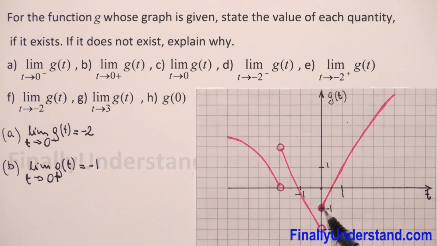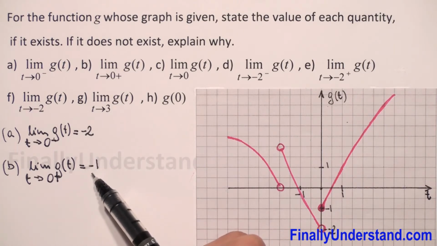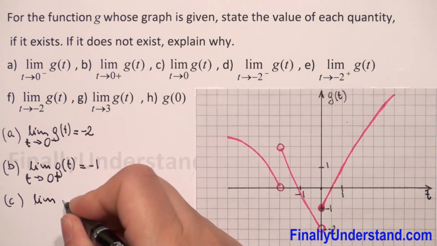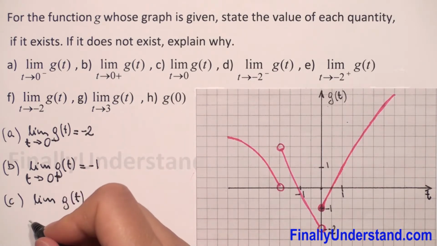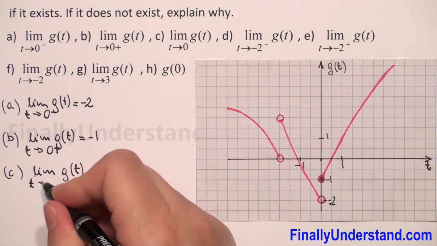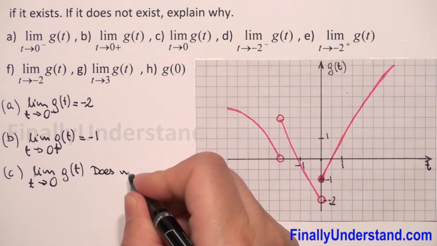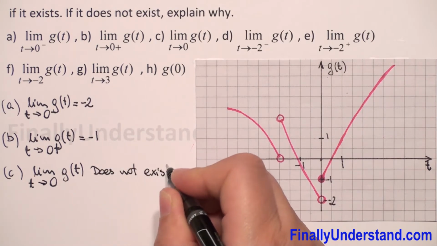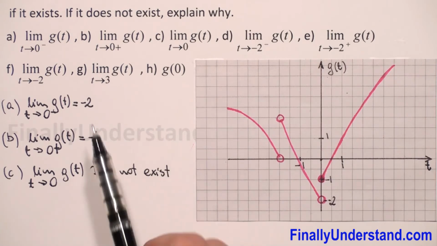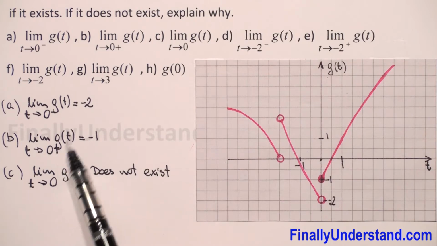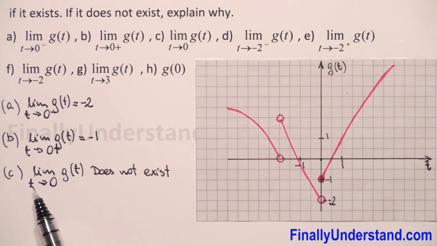Because these two values are different, -2 and -1, it means that the limit of g of t as t approaches 0 does not exist. Why? One more time, because the left and the right limits are different. So the limit as t approaches 0 does not exist.